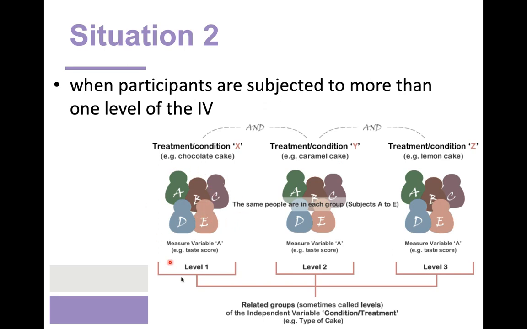And we take the same group of people and we give them each of our 3 types of cake: chocolate, caramel, and lemon. So we have 3 treatment conditions with the same group of people in each treatment condition.